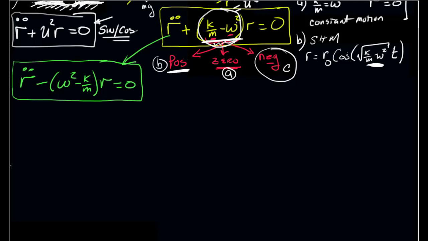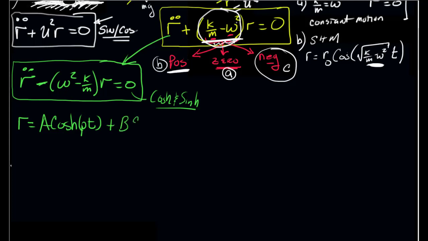Now here we recognize this solution with the negative as a cosh and sinh solution. So let's solve this as r is equal to a cosh of pt, where often I use omega here, but I don't want to use omega because I have it up there already and it'll just be confusing, plus b sinh of pt.